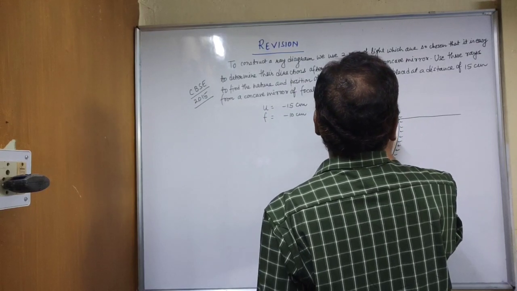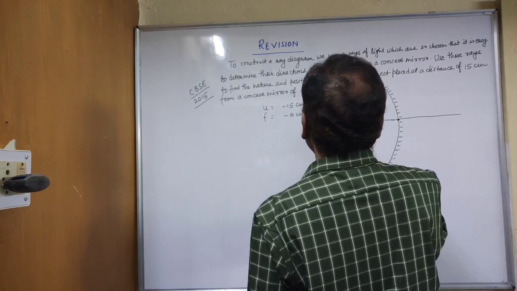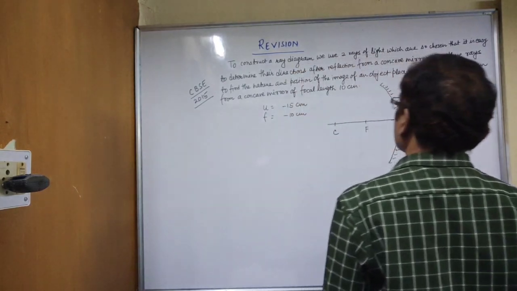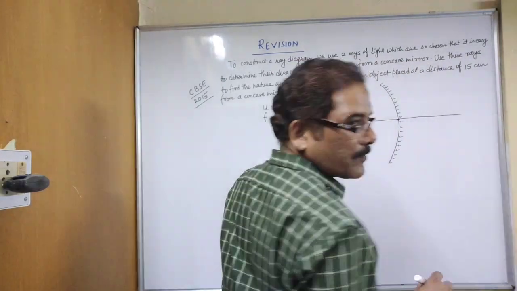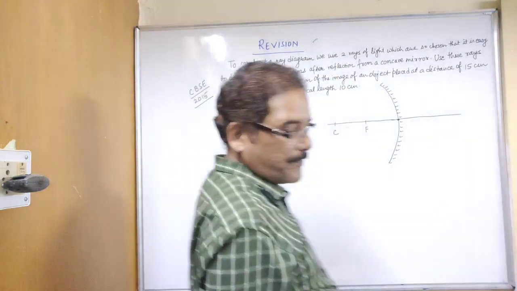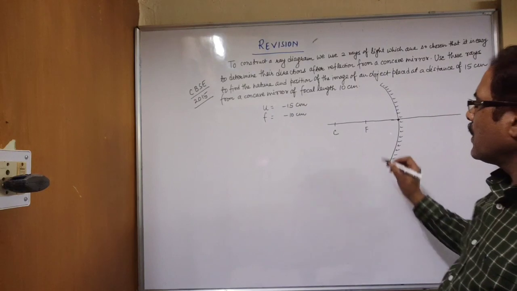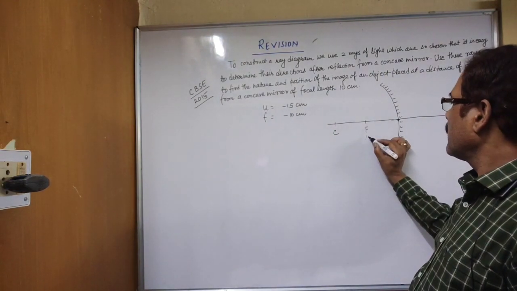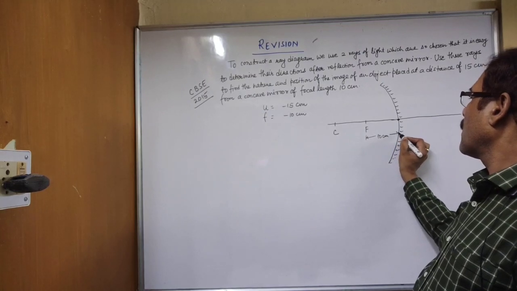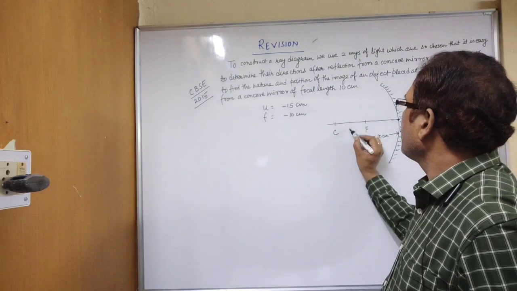Then mark the points F and C. According to the question, focal length is 10 centimeters and object distance is 15, so it is somewhere here.